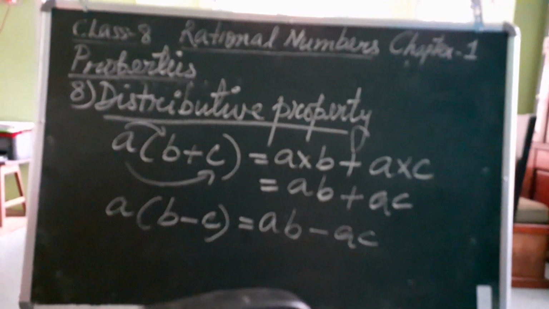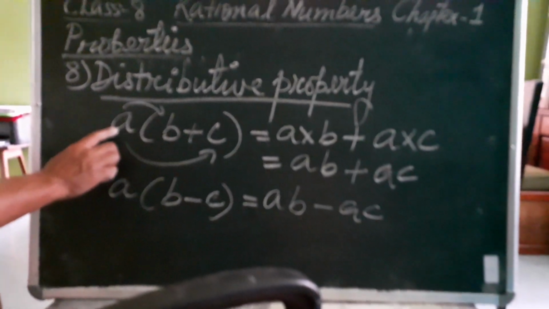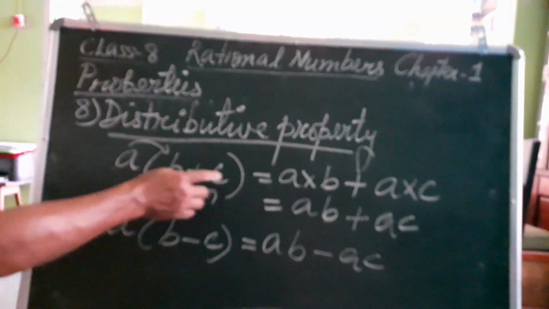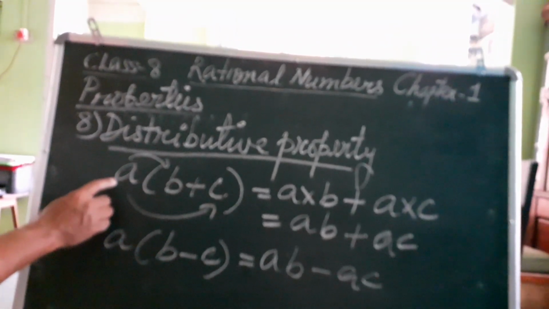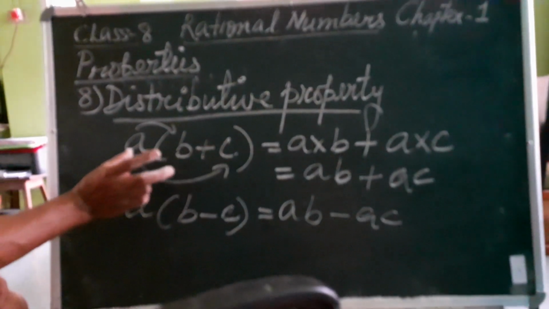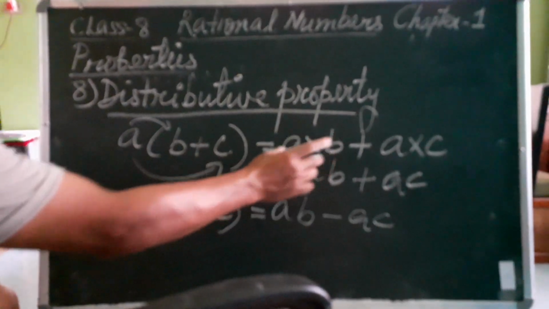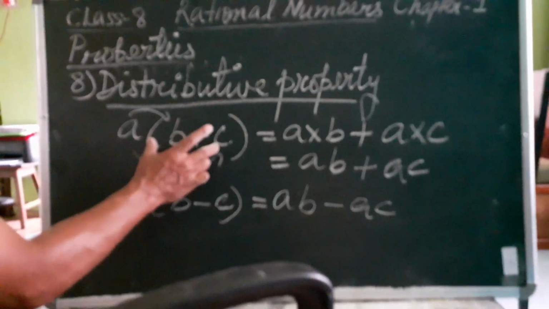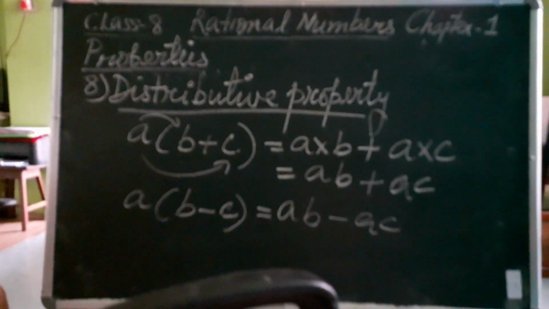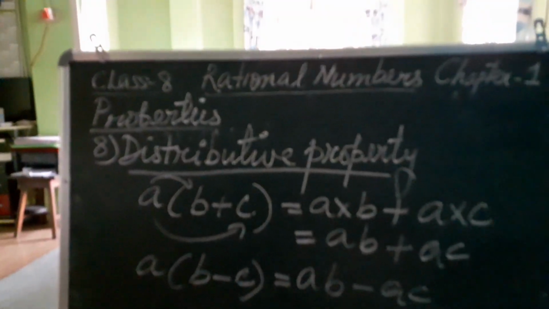Here a is distributing. A distributes over b and c. A multiplied with b plus c is the same as a multiplied with b plus a multiplied with c. And this is called the distributive property of multiplication.